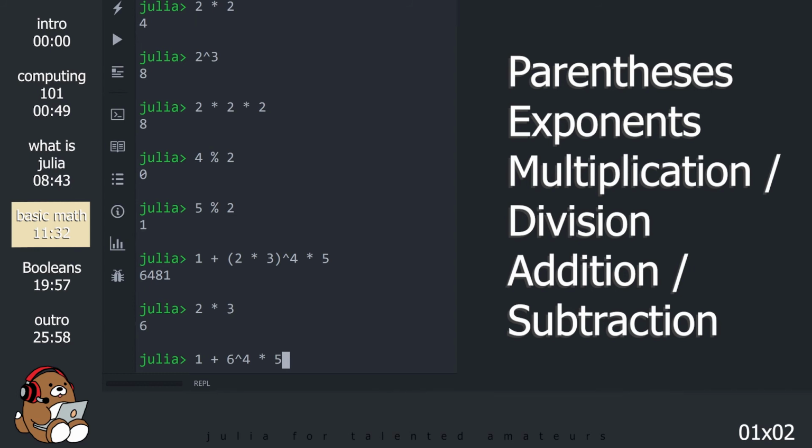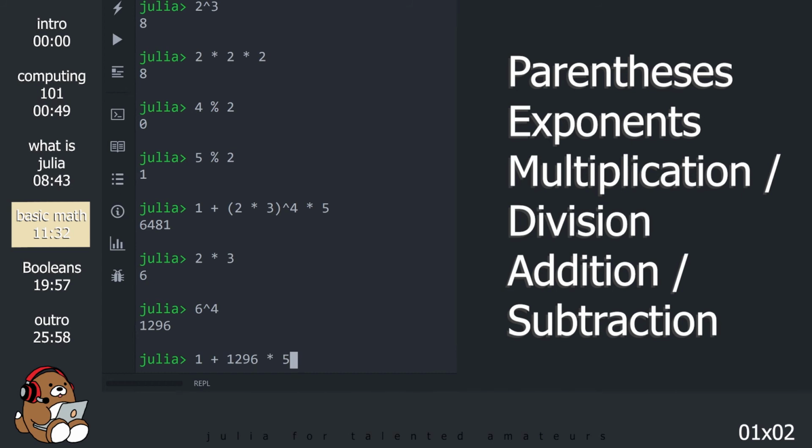And in this expression, Julia would do exponents next because there are no parentheses left. So what's the exponent? It's 6 to the 4th power. 6 to the 4th power is 1296. So now you're left with the expression 1 plus 1296 times 5.